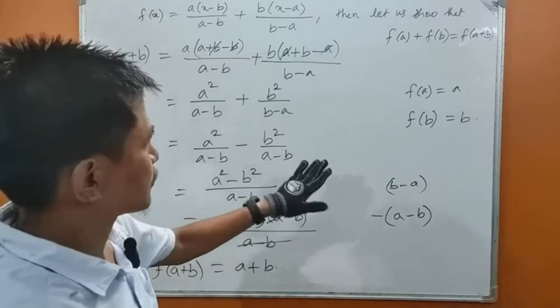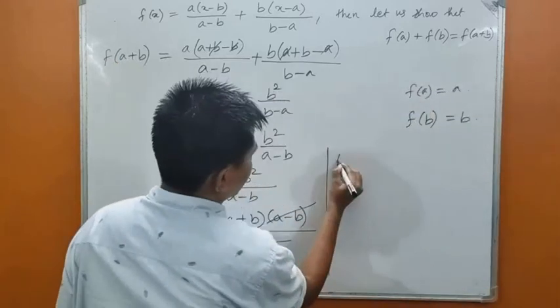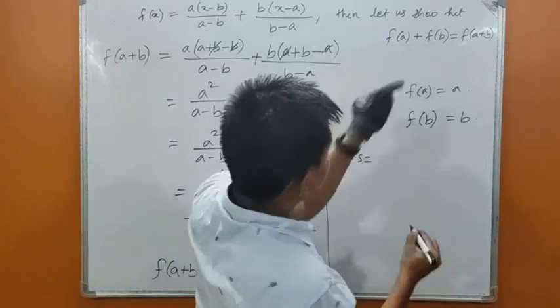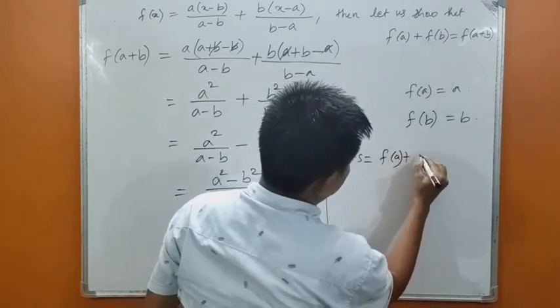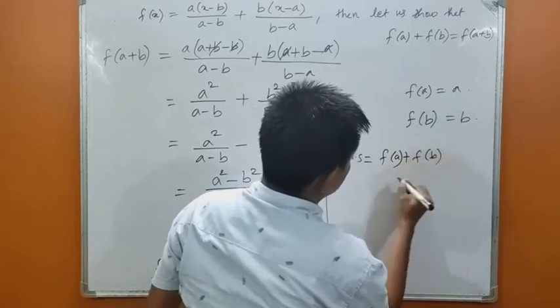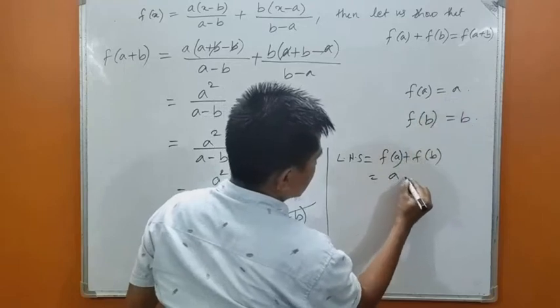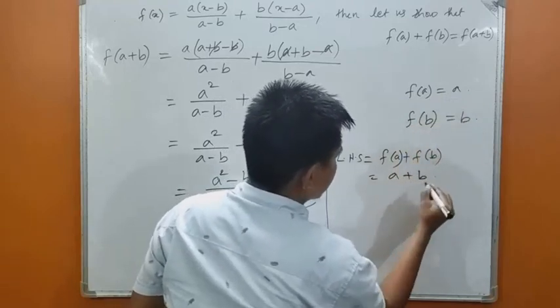Now let us prove this, okay? Let me erase this and prove here. In the left hand side we have f of a plus f of b, isn't it? So f of a means a plus f of b means b. We got a plus b.